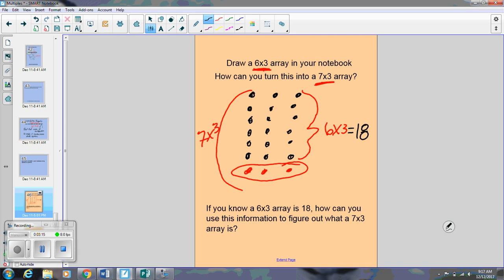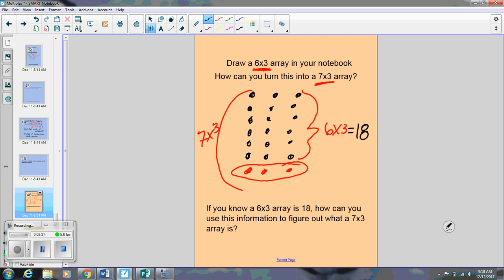Don't count all those dots all over again. You just counted 6x3 is 18. What do I need to do to figure out 7x3?